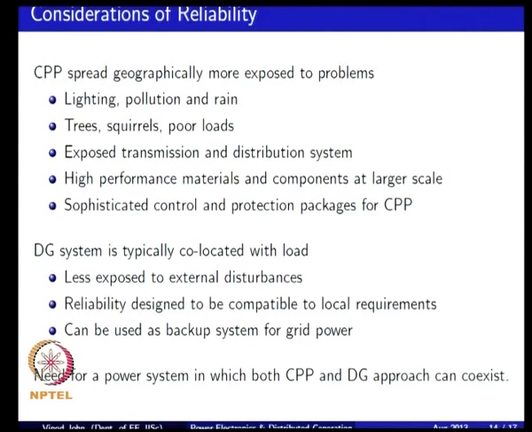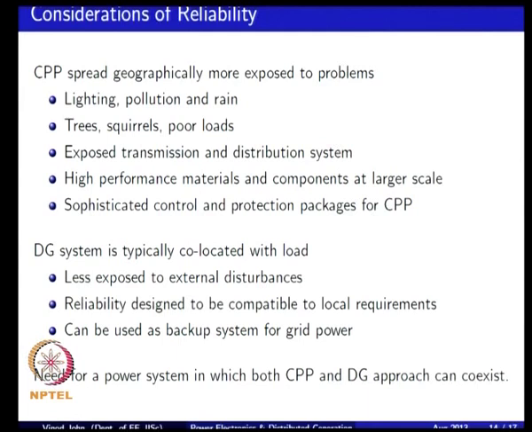So, if you look from the efficiency perspective and from the reliability perspective, what I believe is important is not that one method of addressing generation will solve all problems.